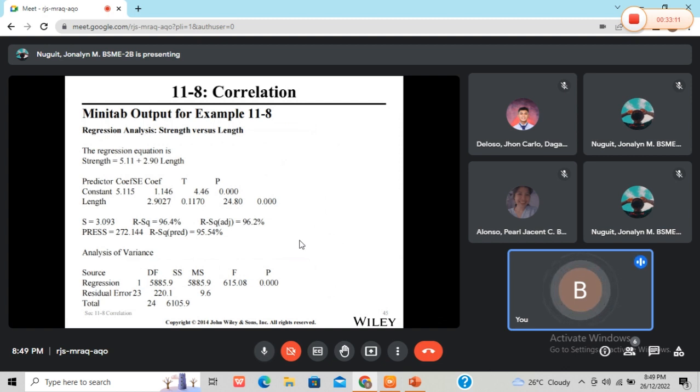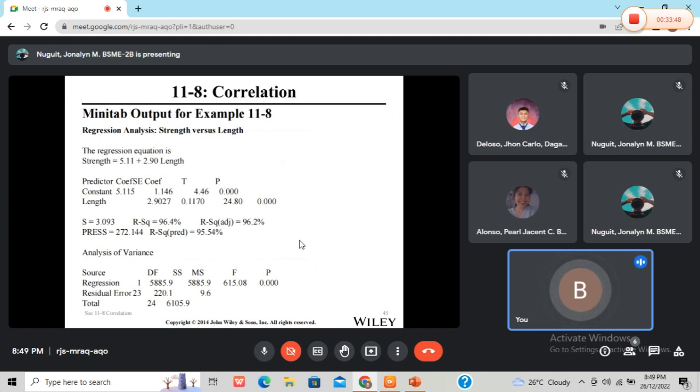For the predictor coefficients, we have the constant 5.115, 1.146, 4.46, 0.000, and then length, 2.9027, 0.1170, 24.80, and 0.000. So S is 3.093, R-squared equals 96.4%, and adjusted R-squared equals 96.2%.